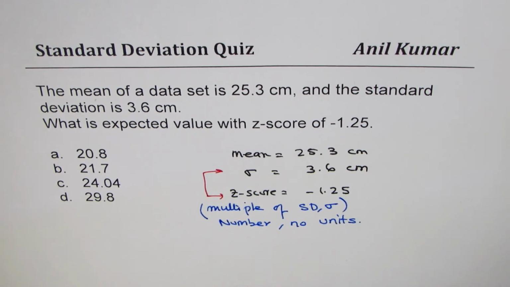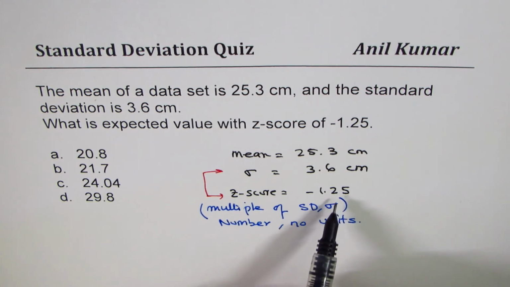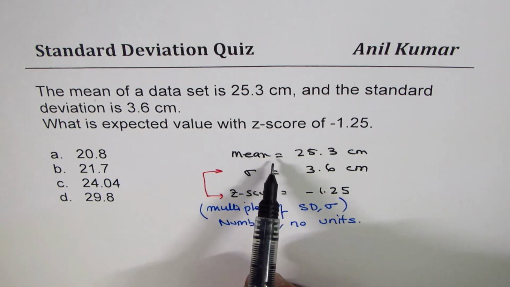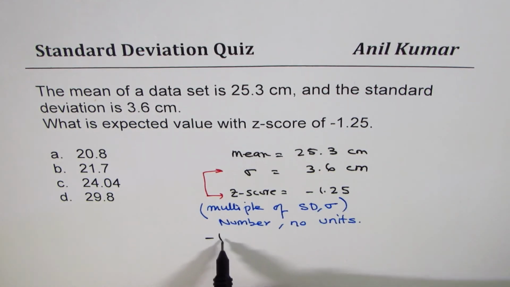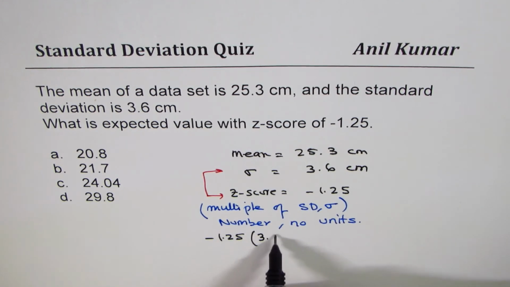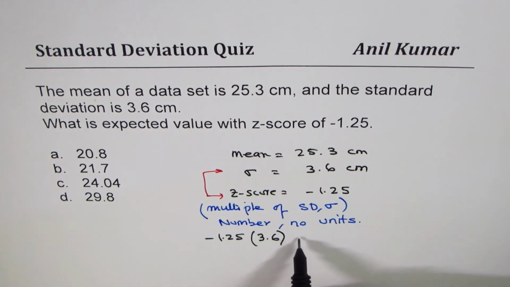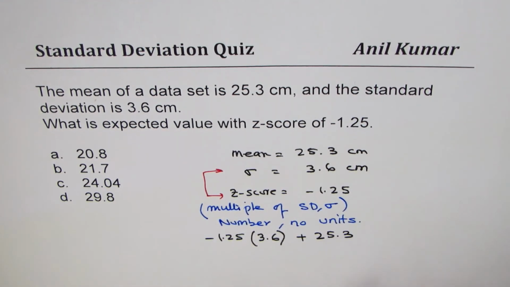Okay. Now, what we have got here is a multiple of standard deviation. So if I say z-score is minus 1.25, then we are saying how far away the data point is from the mean, correct? So what we are going to do is multiply negative 1.25 with the standard deviation, which is 3.6, and add this to the mean, which is 25.3.